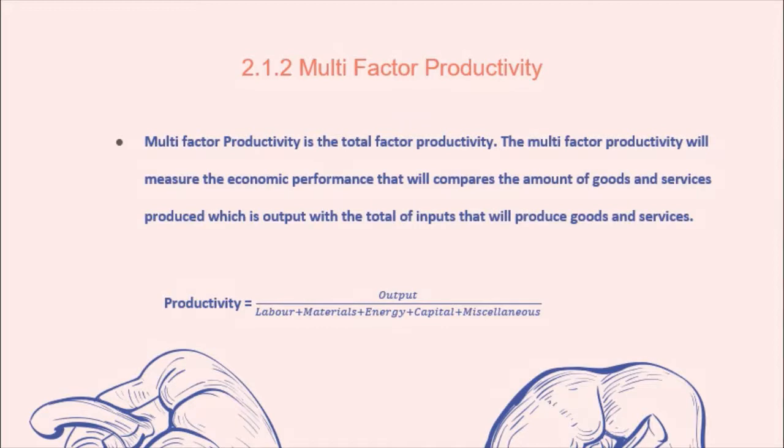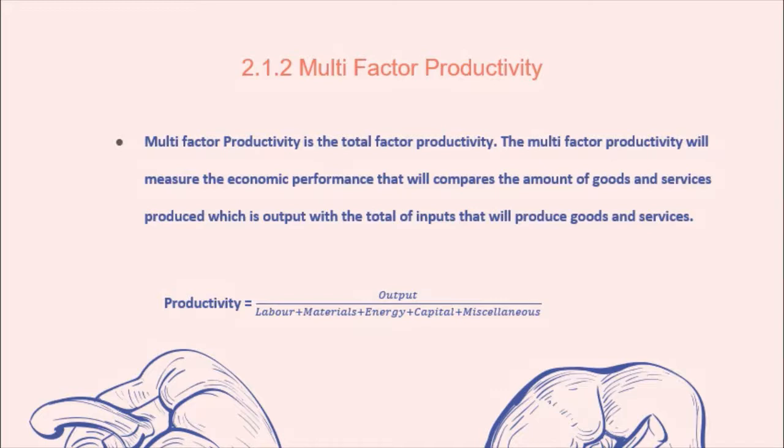Next is the multi-factor productivity. Multi-factor productivity is the total factor productivity. This multi-factor productivity will measure the economic performance that compares the amount of goods and services produced, which is the output, with the total of input that will produce the goods and services.